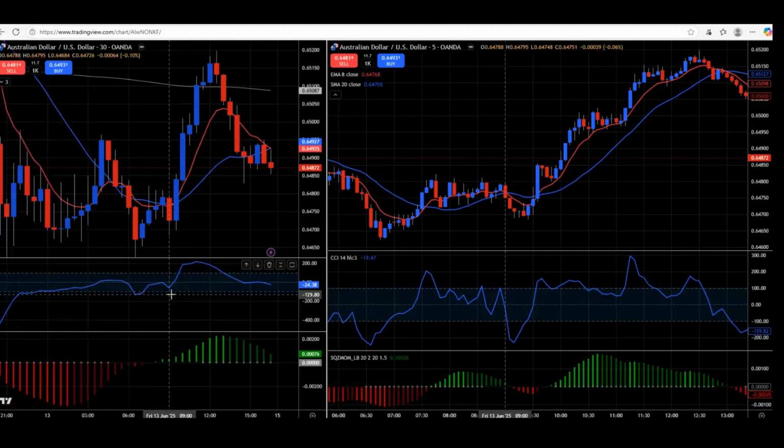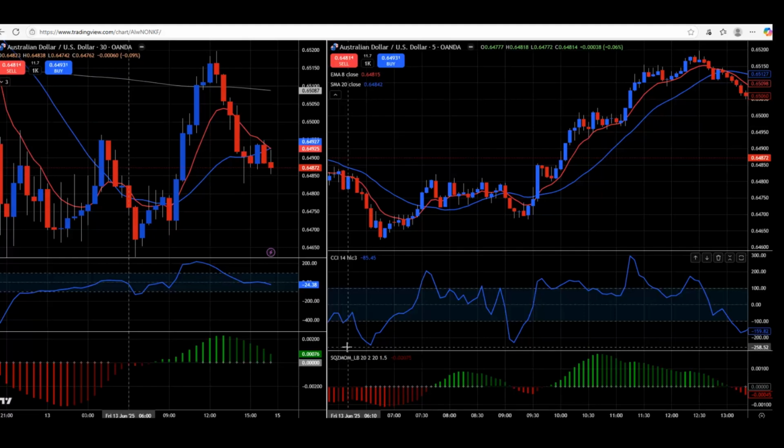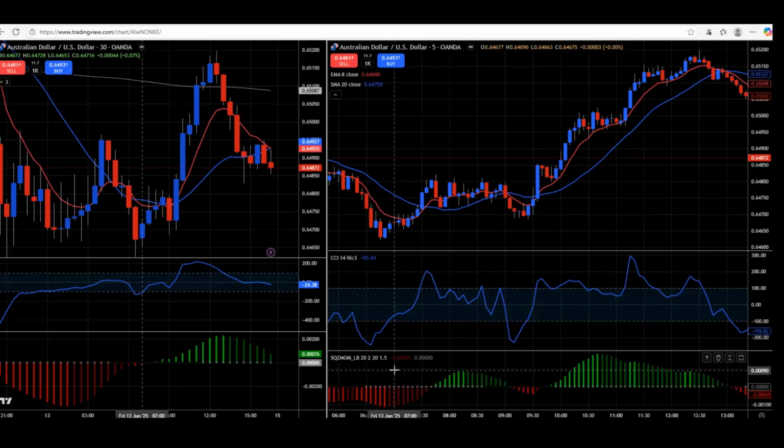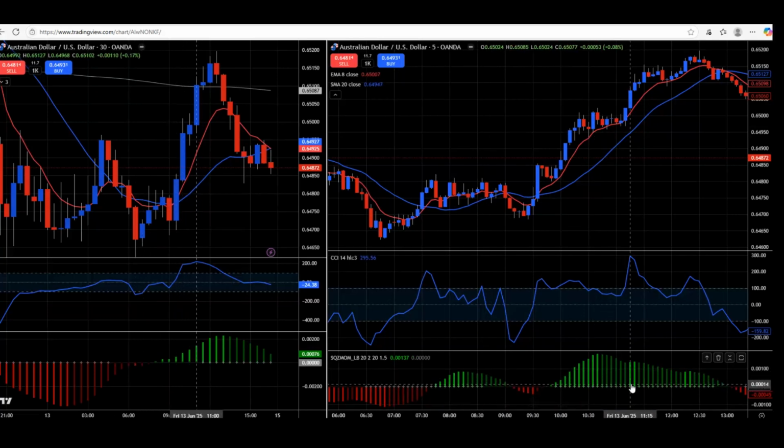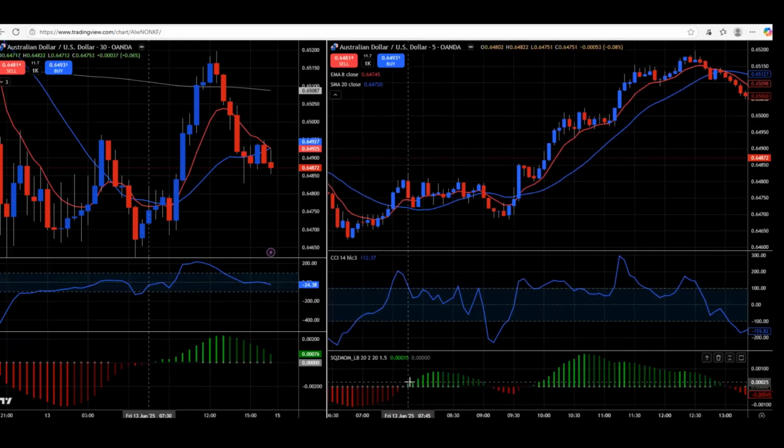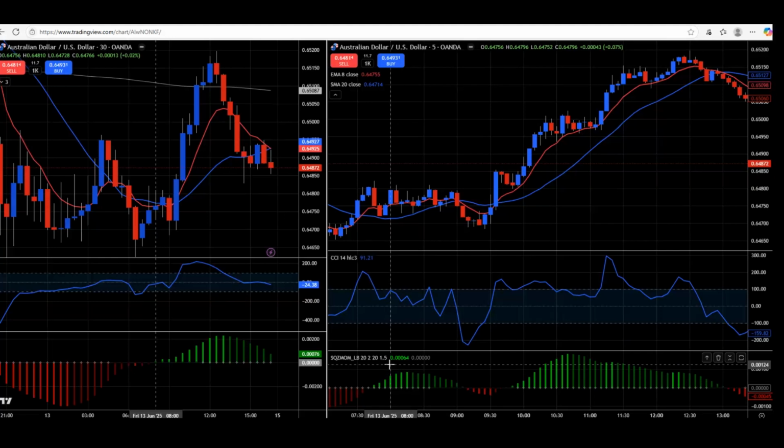So that is what I use. And also the same thing with the squeeze momentum by Lazy Bear. I would set it to 14 as well. And I find that those settings are really useful when it comes to trading the markets on the higher time frame, and also the lower time frames.